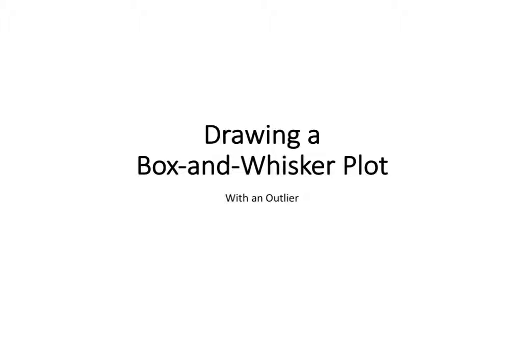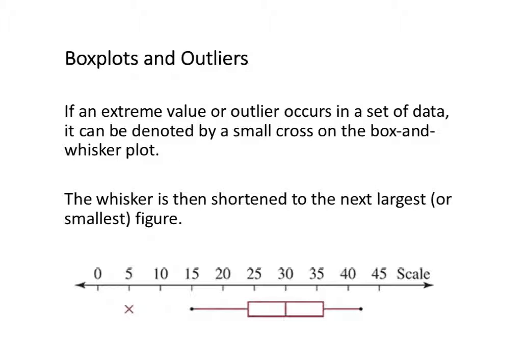In this video, we're going to have a look at how to draw a box and whisker plot when our data set contains an outlier. If we have an extreme value or an outlier within our data set, we mark that on our box and whisker plot with an X. We don't include it within our whisker, but we keep it isolated and mark it with an X. The whisker of our plot is then shortened to the next largest or the next smallest figure, depending on which end we are working with.